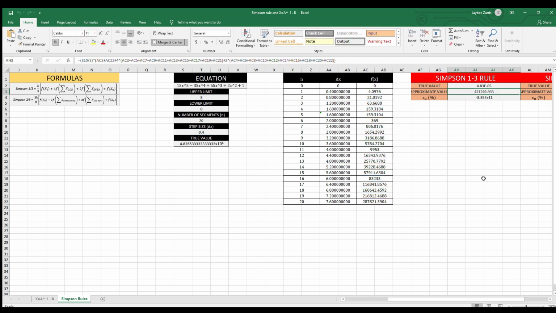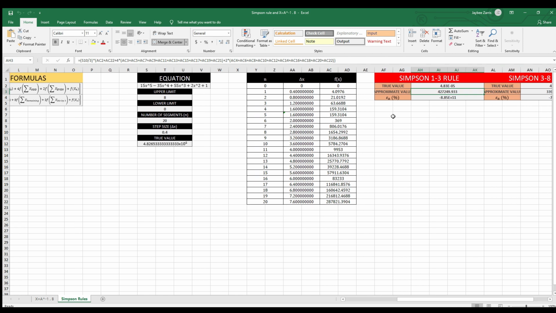Lalabas. So, ito naman, next is ang error. Paano natin ito isasolve? Ang gagawin natin is ito, AH2, which is our true value, then minus our approximate value, then divide ulit natin sa true value, then times 100.